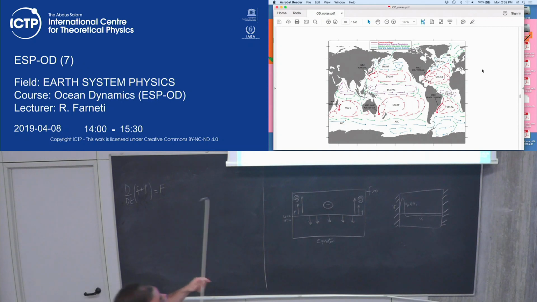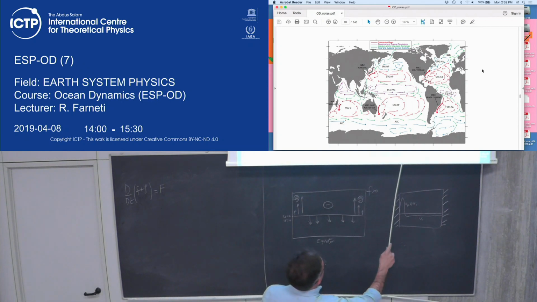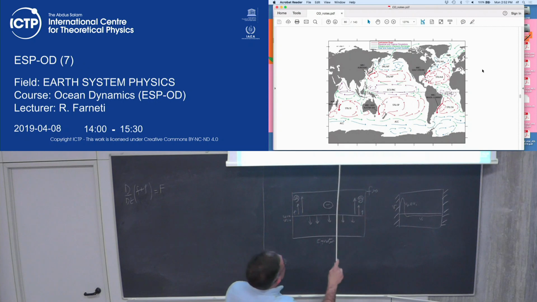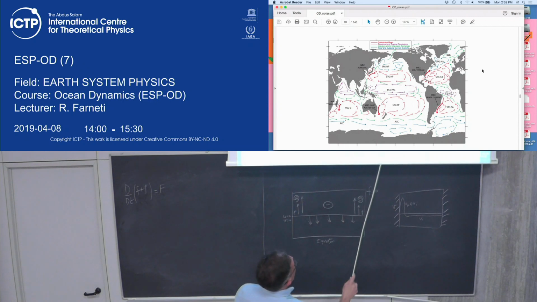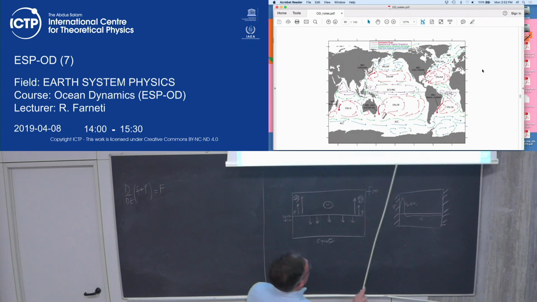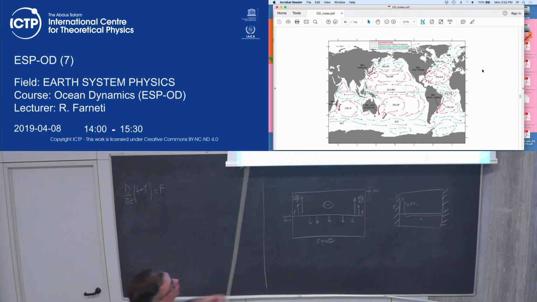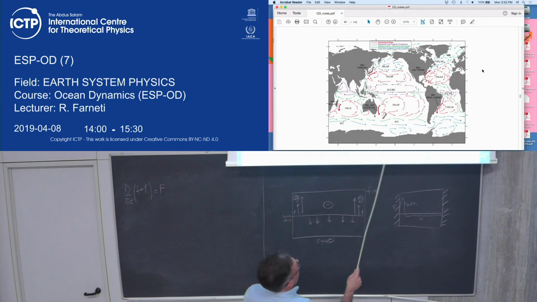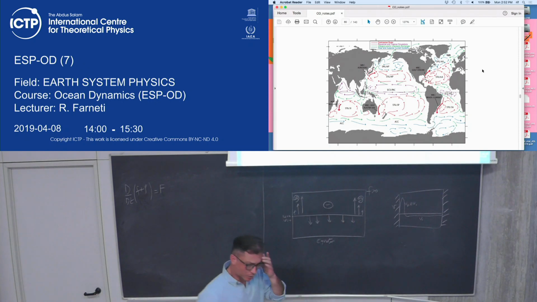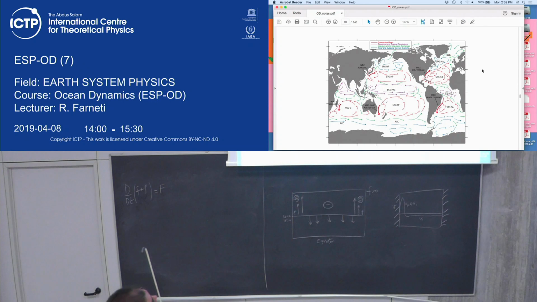Okay, subtropical gyres, they go this way in the northern hemisphere, they go the opposite sense in the southern hemisphere, and you see a thick red arrow, which is the returning boundary current, and it's always on the west, in the northern hemisphere and in the southern hemisphere. And you can use vorticity arguments to see that that boundary current has to be on the west.